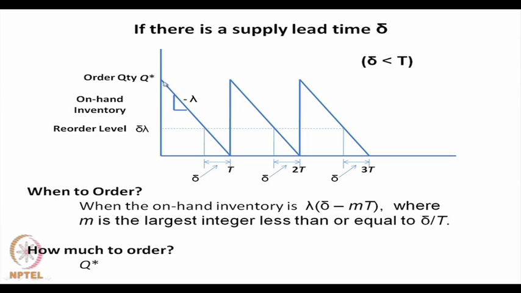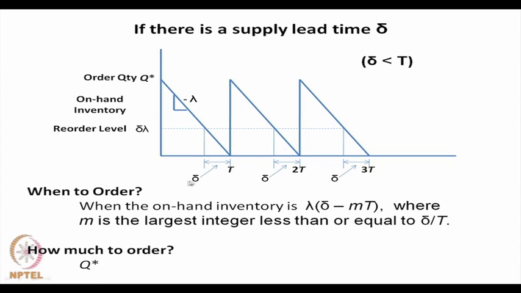At this point, when the inventory comes down to the level of delta into lambda, place an order, and after delta time, which is called the lead time, the amount is obtained in the stores. Continue to do this: when once again it falls to the level delta into lambda, place an order for Q, and the amount will come at this point.